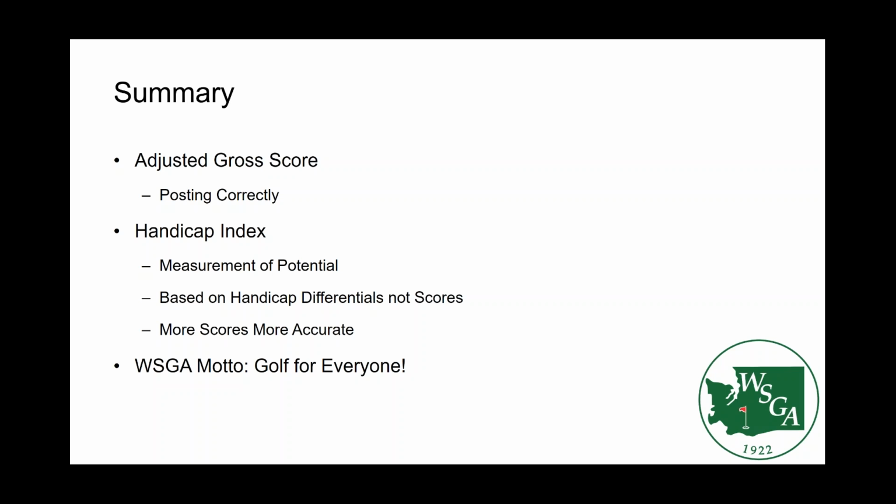And the other thing, the more scores you have, the more accurate this is going to be, up to 20. But for people just starting out, if you don't have 20 yet, your handicap index is going to be a little off. It'll probably be lower than you think it really should be, and it will get there. Just add more scores, and we will get there.